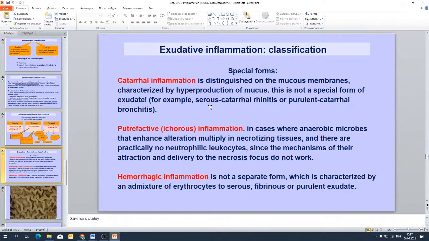For example, I say catarrhal inflammation, ichorous inflammation, and hemorrhagic, with water present, mixed, very often mixed. Yes. Serine's answer is correct. Serine, okay, it's very good. Best of the best. Inflammation.